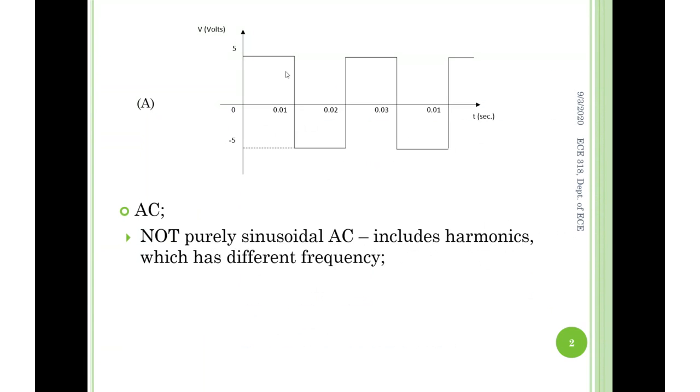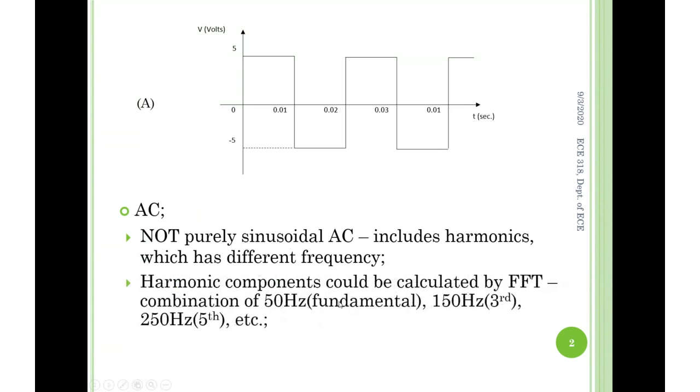Recalling what we just mentioned in the notebook, it means mixing rather than individual AC. Does it make sense? Not sinusoidal means it is not individual AC, but mixing. Mixing of what? Mixing between the fundamental and harmonics. That's why the conclusion here is it's AC, however, it contains fundamental and harmonics.